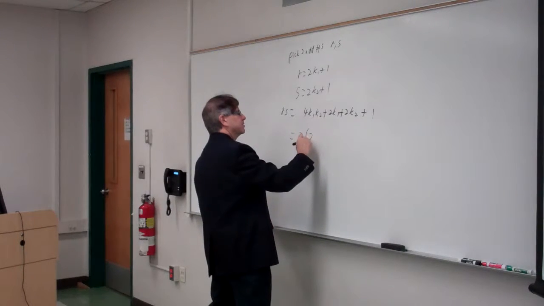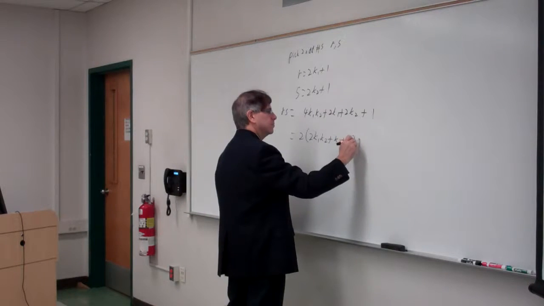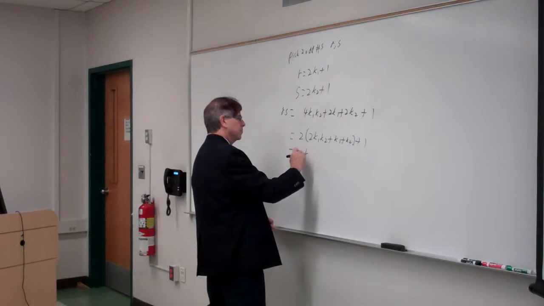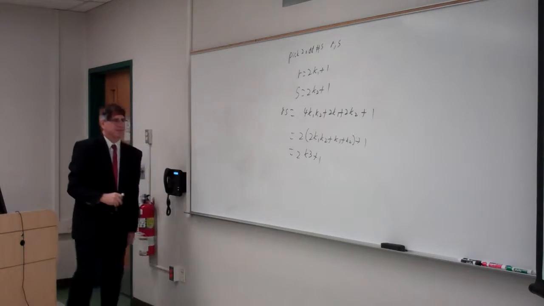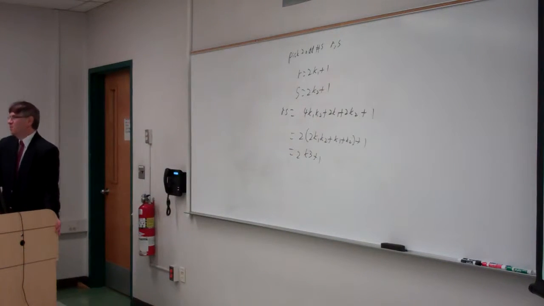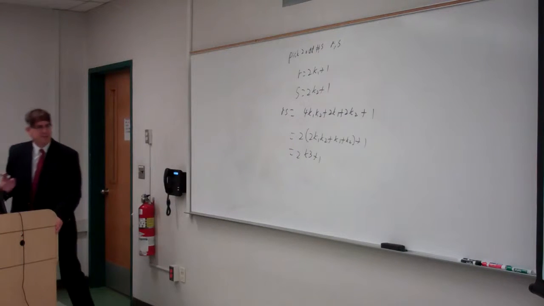And you factor out your 2. And if we call all of this k3, then R times S is 2 times k3 plus 1, which is the definition of R times S being odd. So that would suffice there.